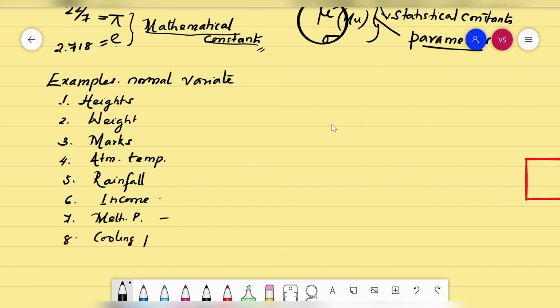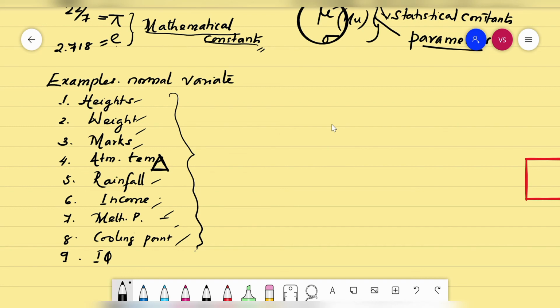Then we can have something called IQ, right? All these are variables. The values of these variables can be expressed in the form of decimals, students. So when they can be expressed in the form of decimals, you understand these are the problems that can be solved using a normal distribution.